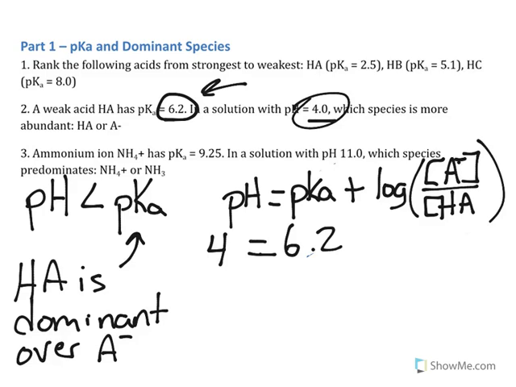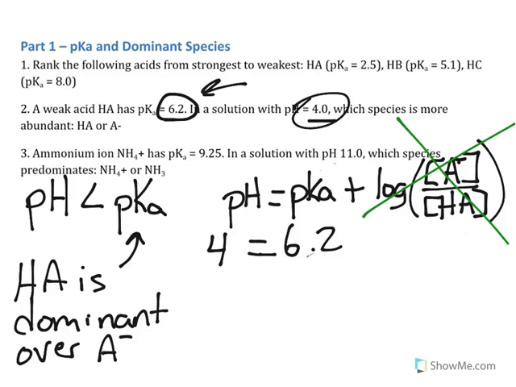And if you remember, an ideal buffer has equal amounts of the weak acid and its conjugate base. Well, if that's the case, then this cancels out to be a 1, the log of 1 is 0, and this just falls off, leaving you with pH equals pKa if it's an ideal buffer.